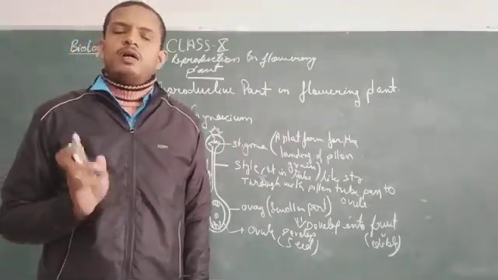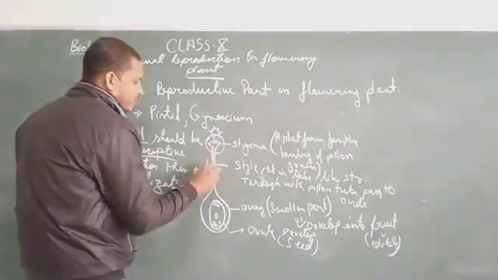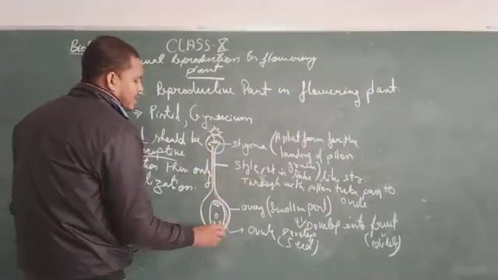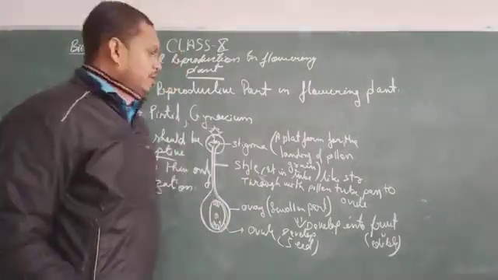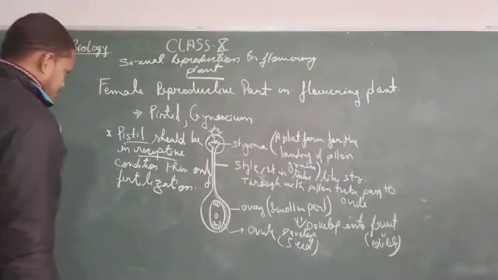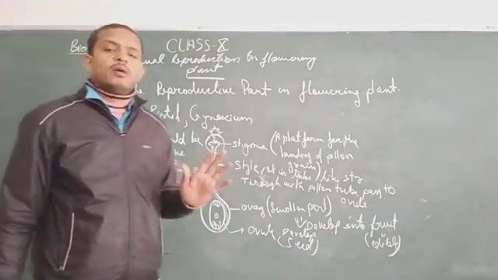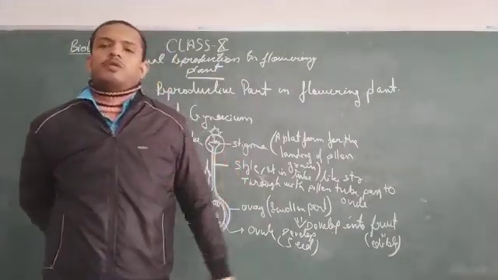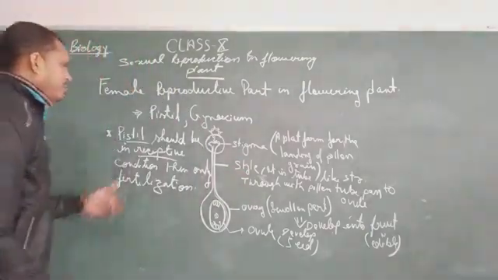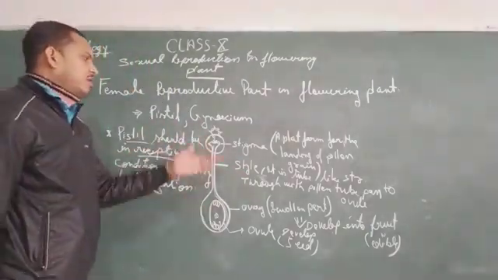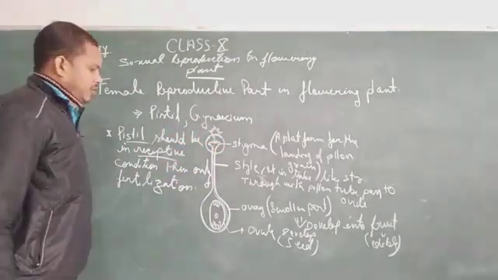That pollen tube moves with the help of the style, and finally enters the region where the egg cell is present, which we will discuss. So fertilization is possible only when the pistil, the female reproductive part, and the male reproductive part are both in mature condition. This is the female receptive condition, when they are mature, and the stigma receives some chemicals which help in the germination of the pollen tube.